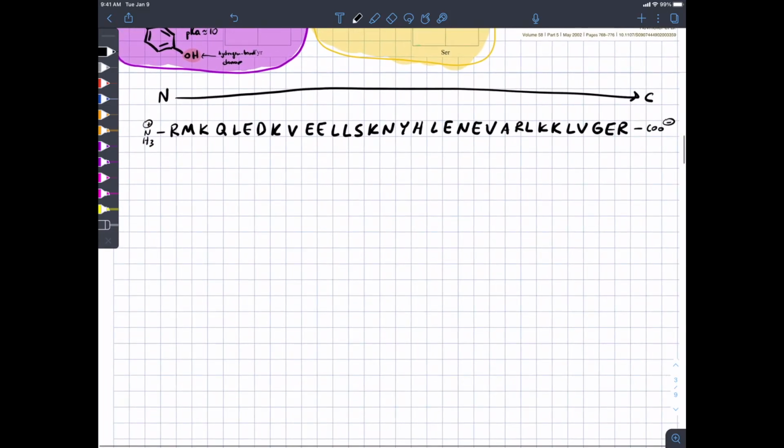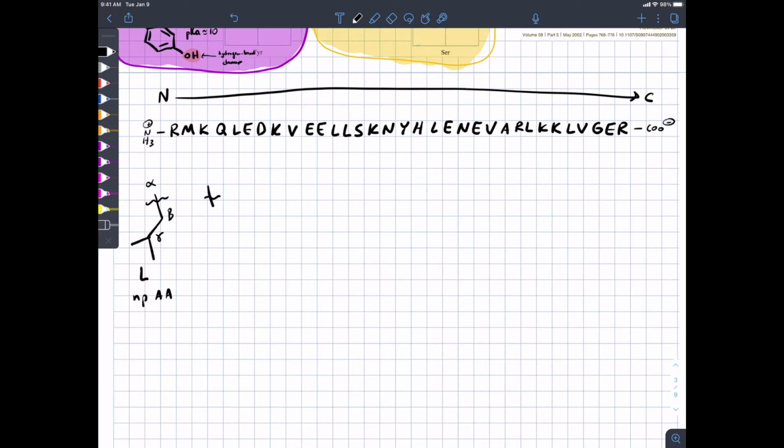This is a sequence derived from a yeast transcription factor, and it's a sequence that makes what we call a leucine zipper or a coiled coil. So let's recall that the leucine side chain looks like this. Here's the alpha carbon, beta, gamma, and then you've got those two methyl groups. So leucine is a nonpolar amino acid.